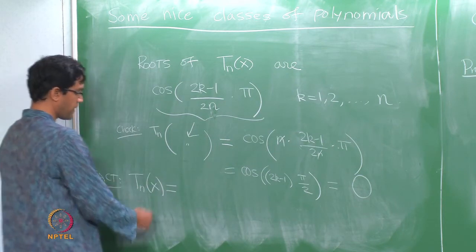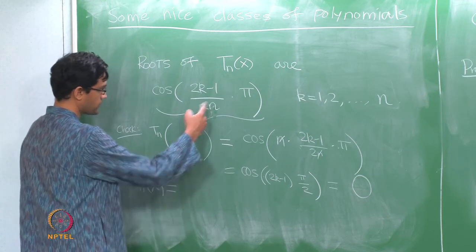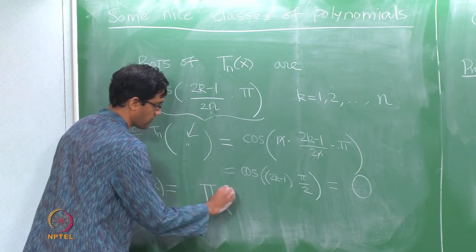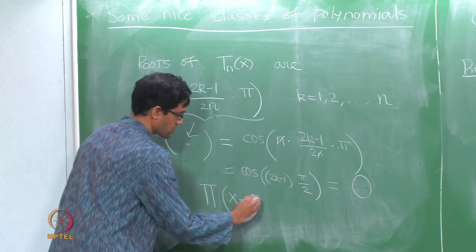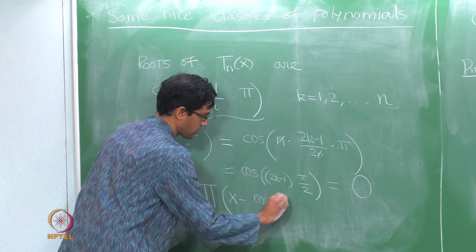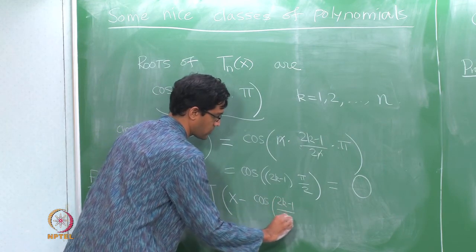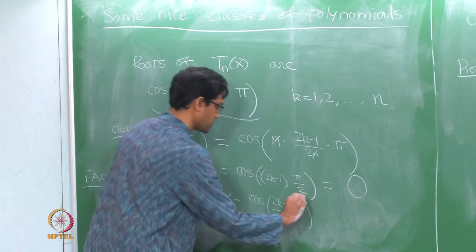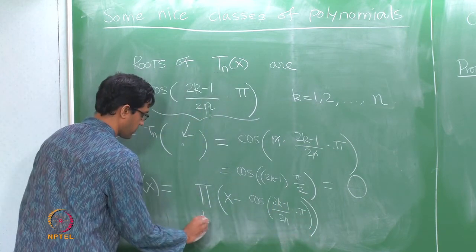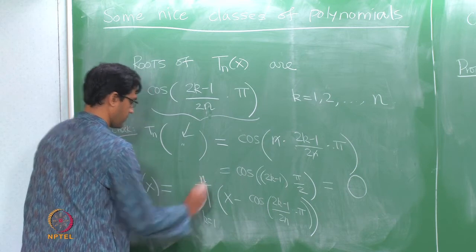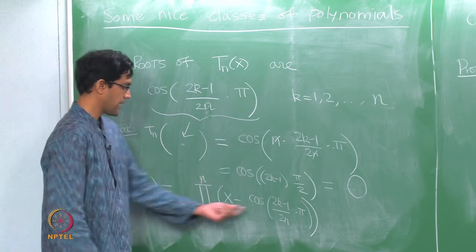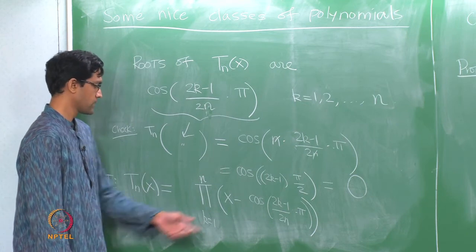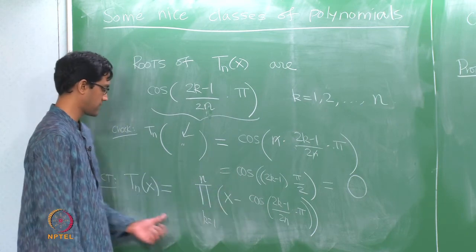You can write Tn of x as a product where each of these roots will contribute a factor: x minus cosine of (2k minus 1) by 2n times pi, where k runs from 1 to n. So these are the n distinct roots of this polynomial Tn, and each of these will in fact be a factor of Tn.